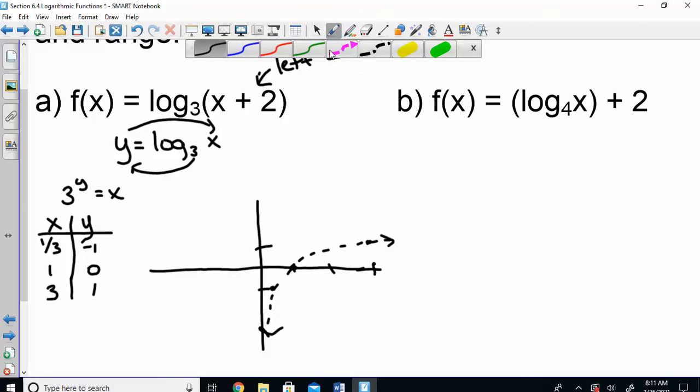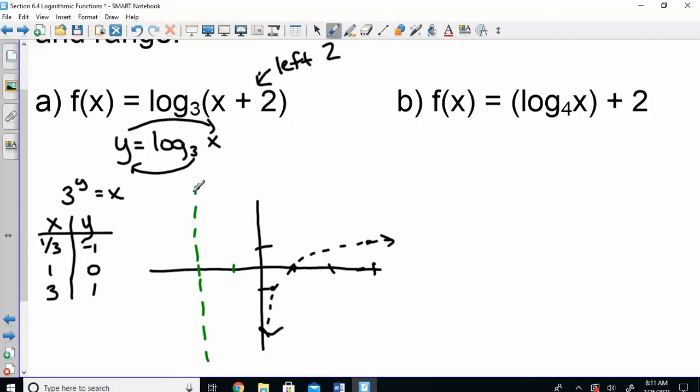Yeah, my asymptote's moving. My asymptote right now is at 0. If I go left, it's now at -2. Just like with an exponential, if we moved it up or down, we had to move the horizontal with it, and I do expect you to draw that asymptote in. With the log, if we move left or right, you need to move your asymptote. So now just take each point left 2.